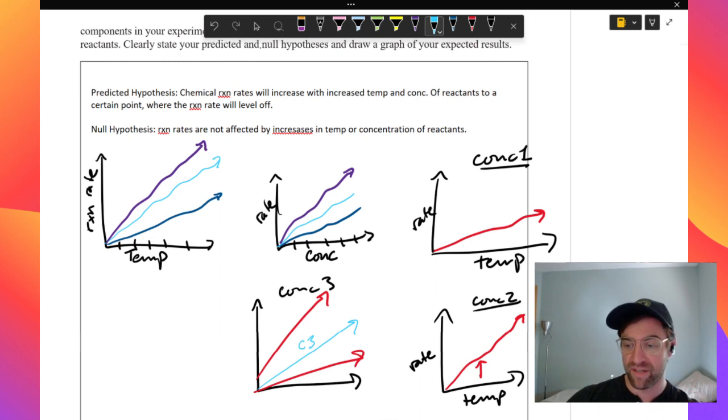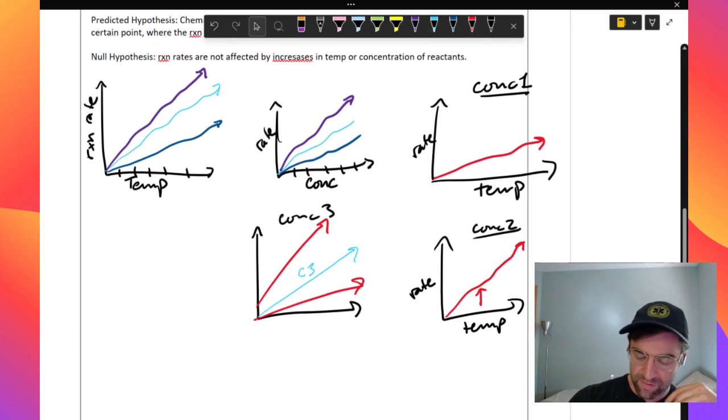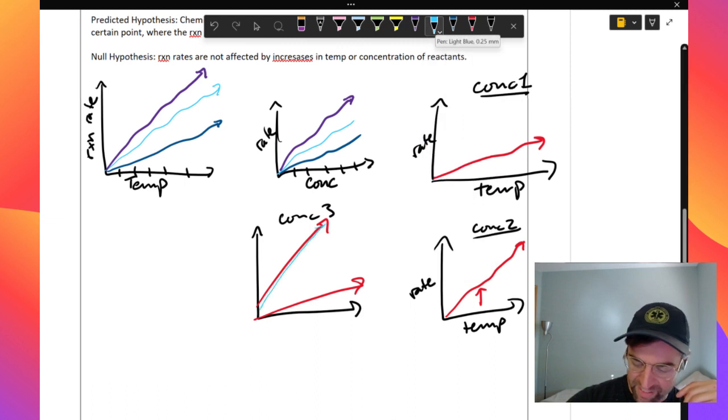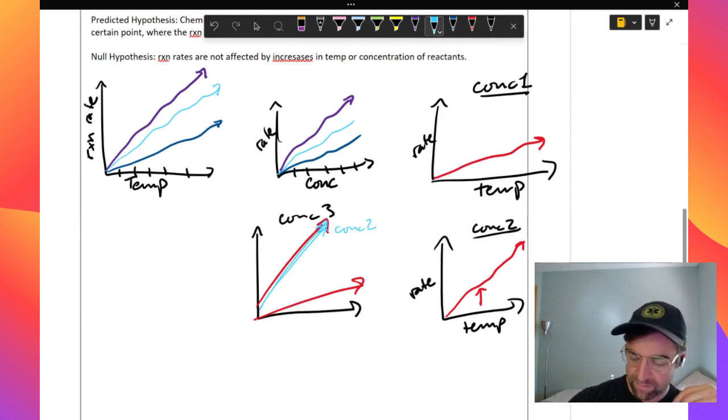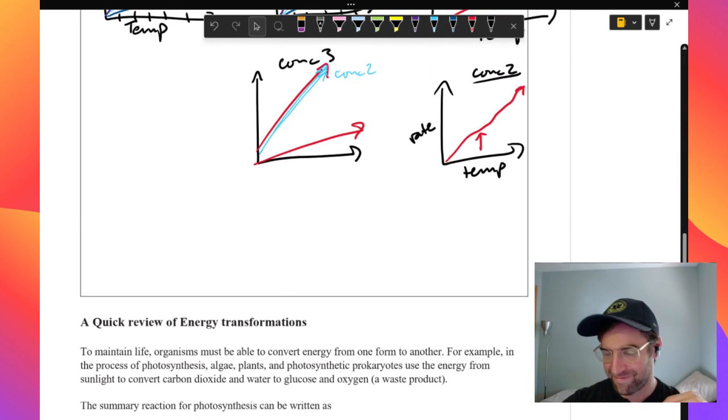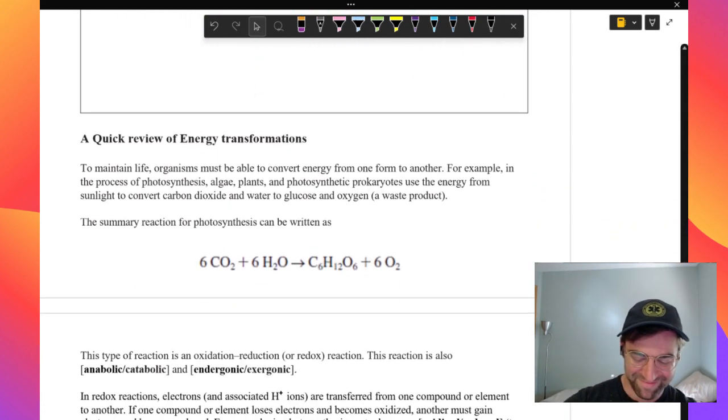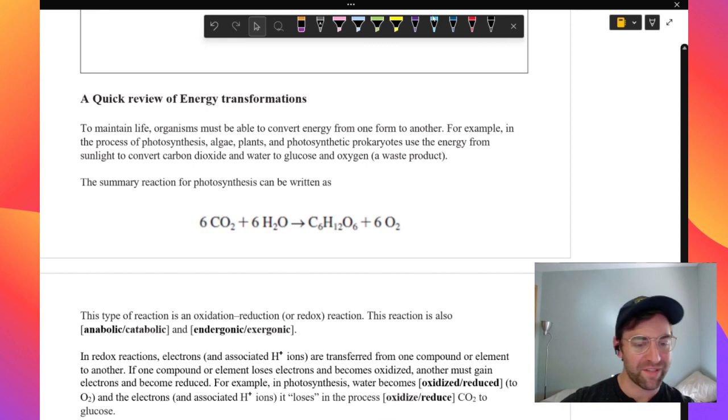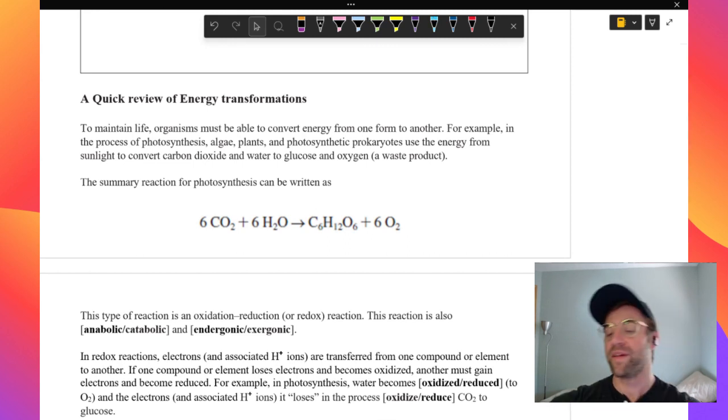That's the most solute that it could handle and still have a fast reaction. So really, that would probably line up exactly the same if we're talking about reaction rates relative to concentration and temperature. So that's one example.